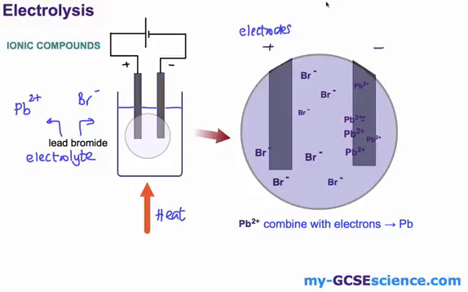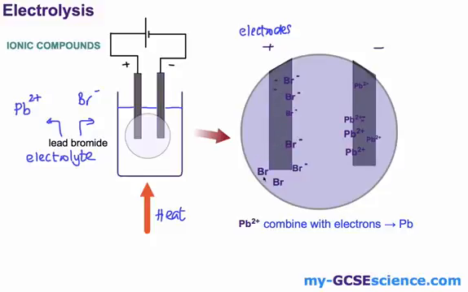Conversely, on the positive electrode, we have the bromide ions which are attracted. They'll be attracted to the positive electrode, but they don't gain electrons over here. What they will do is lose one of their electrons, because they currently have one extra electron, so they'll lose that electron, which will then flow off into the circuit.